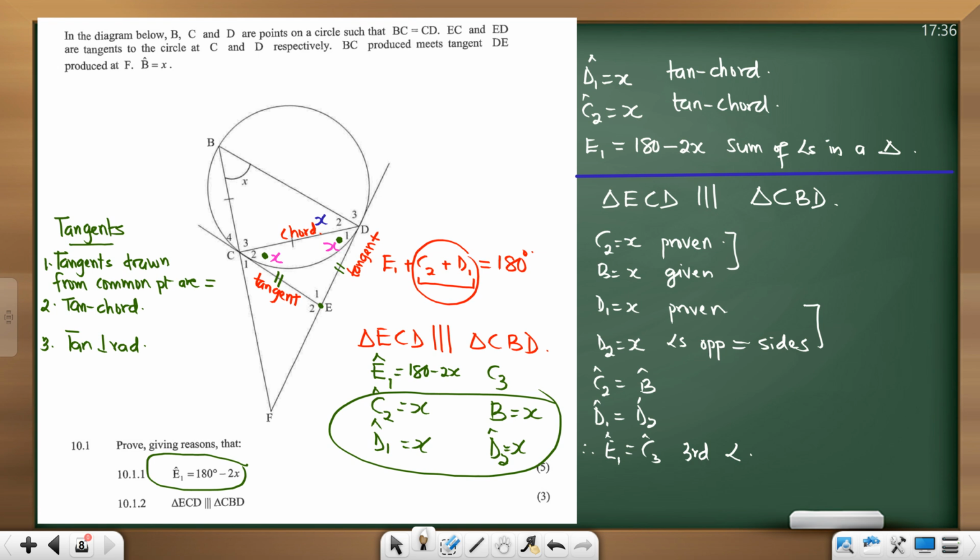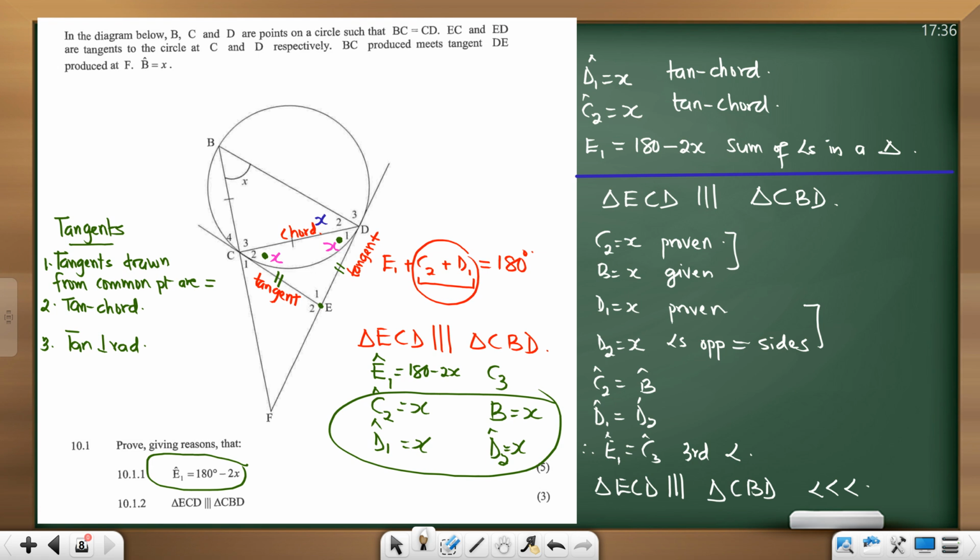I can then make my conclusion. Triangle ECD is similar to triangle CBD. Angle, angle, angle. Guys, it's not about this particular question. It's about the skills that allow us to get all the answers quickly. Anytime I see similarity, list the angles in order.